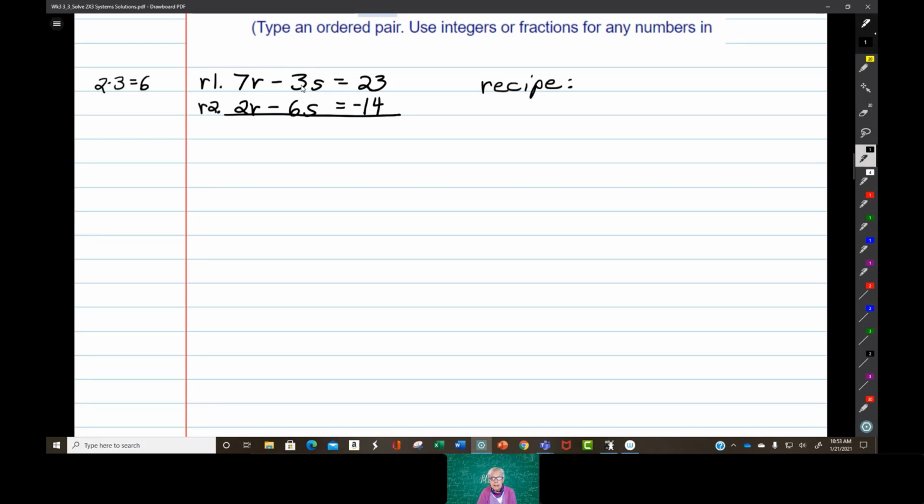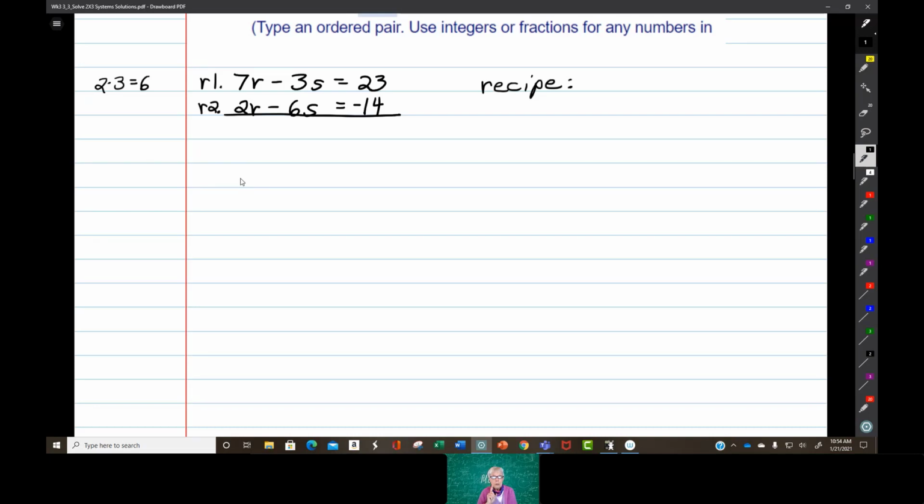If I could make this into a 6 by multiplying by 2, I would still have to change one of these signs. And there are a couple of different ways I could do that.